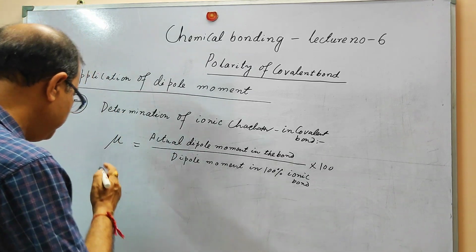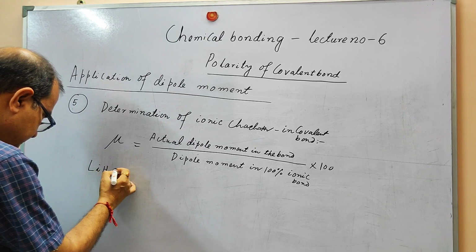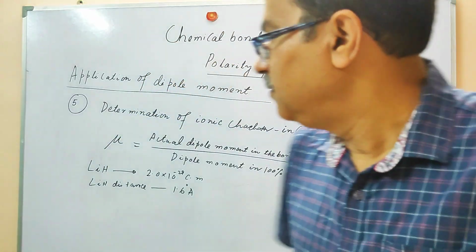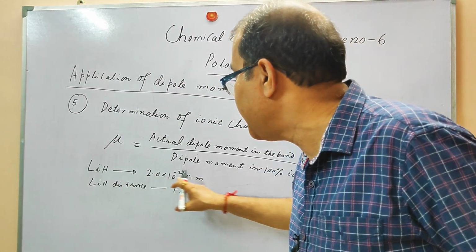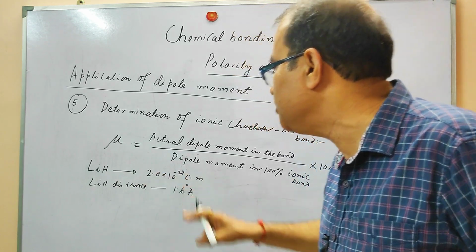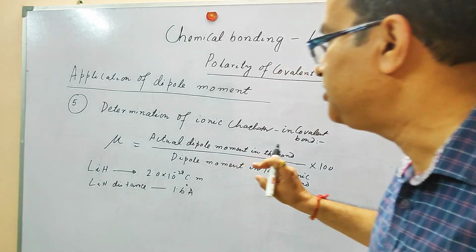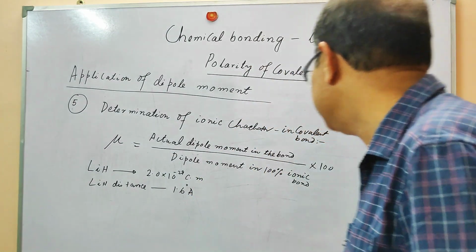You can take one example. Suppose lithium hydride, whose dipole moment has been found. Lithium hydride has a dipole moment of 2 into 10 to the power minus 29 coulomb meter, and the distance between the lithium atom and hydrogen atom is 1.6 angstrom.